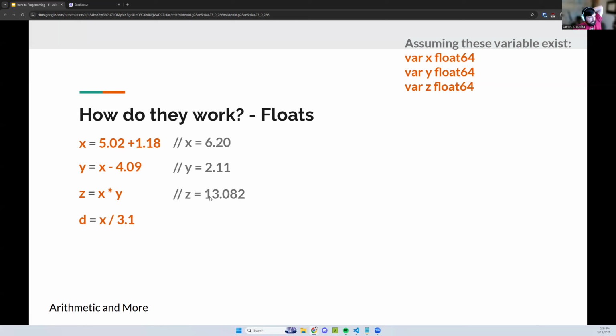And then if we divide x, okay, so 6.2 divided by 3.1 should just be 2, right? Yeah. And this will be 2 or 2.0. I think I probably should put 2.0 here because it doesn't drop the 0.0. But yeah, it's 2. Right? That's what we get when we divide 6.2 by 3.1. So all those things work the same as they always would.